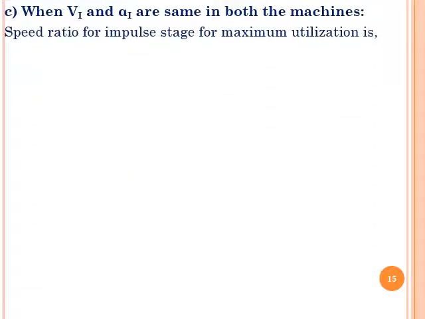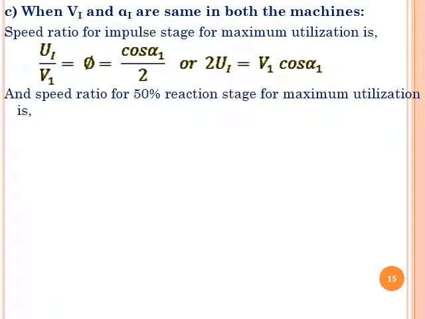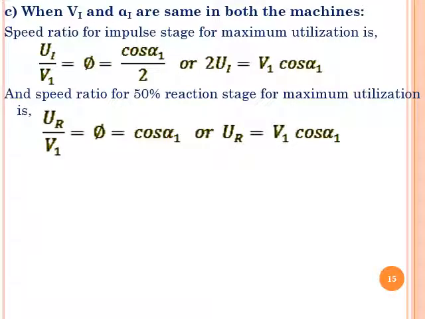Speed ratio for impulse stage for maximum utilization is U1 by V1, or U of I, equal to cos alpha 1 by 2, or 2U, the blade speed in impulse turbine, is equal to V1 cos alpha 1. And speed ratio for 50% reaction stage for maximum utilization is UR by V1 equal to cos alpha 1, or blade speed in reaction turbine is equal to V1 cos alpha 1.